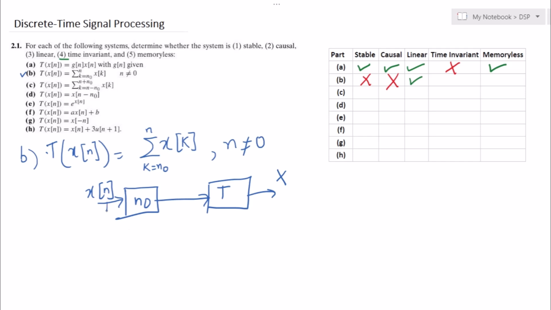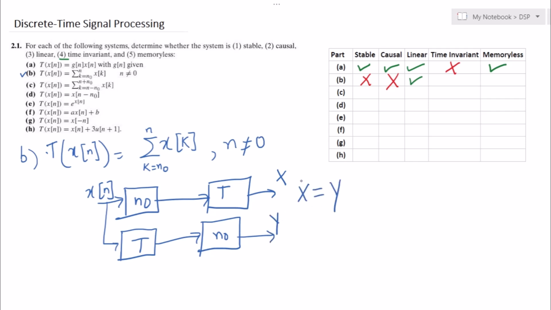Again, when the same input is applied to the similar system and the output is delayed, this is what we get, y. If x is equal to y, we will have a time invariant system. So let's see what happens here.